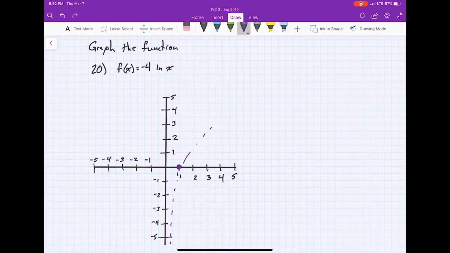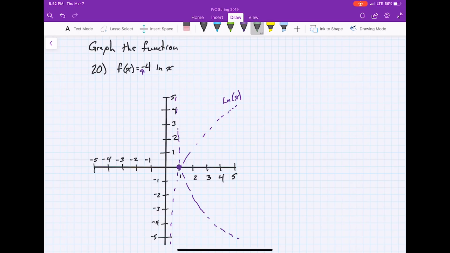But we've got this negative 4 and stuff like that. So we're going to have a reflection, and really that's all we have here, this reflection that we need to concern ourselves with because of this negative 4 here. So we should expect to have something that looks like this line instead.